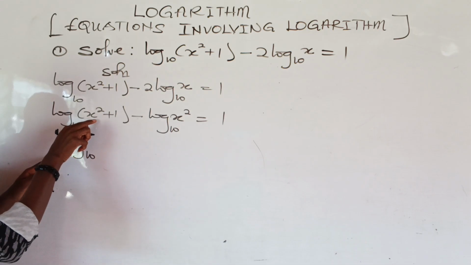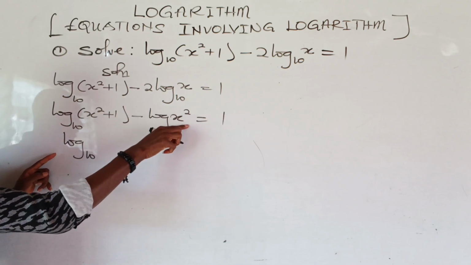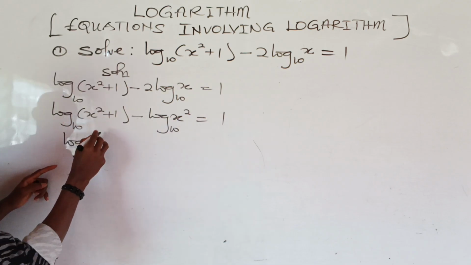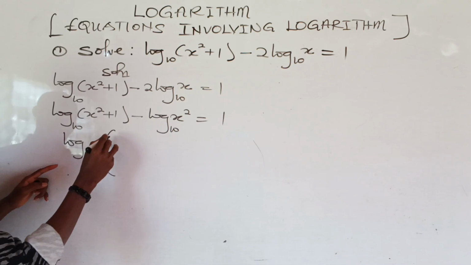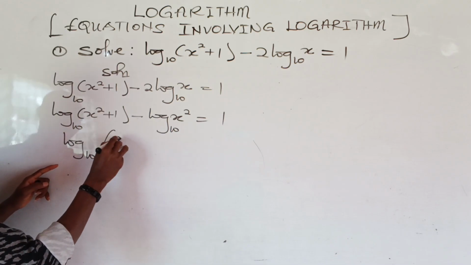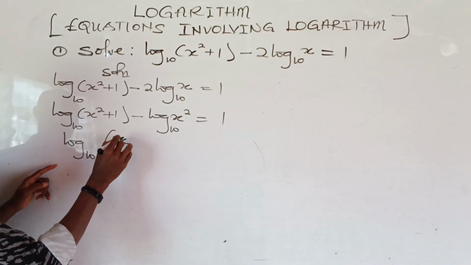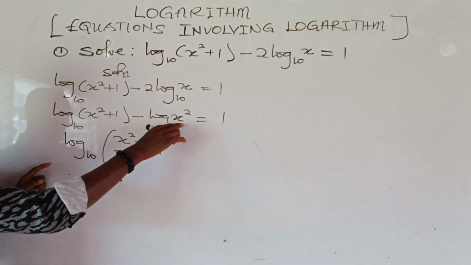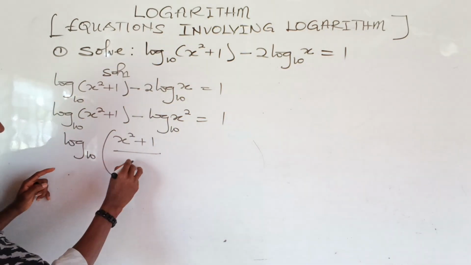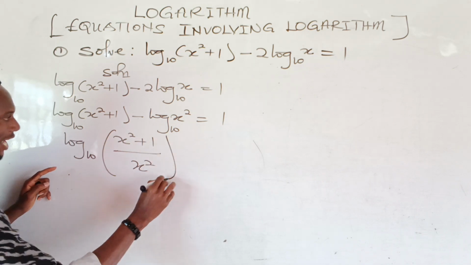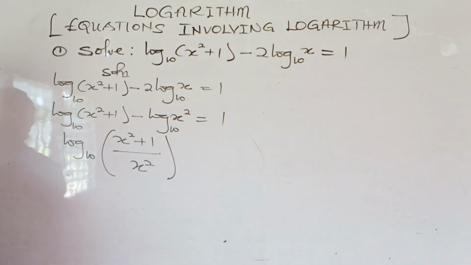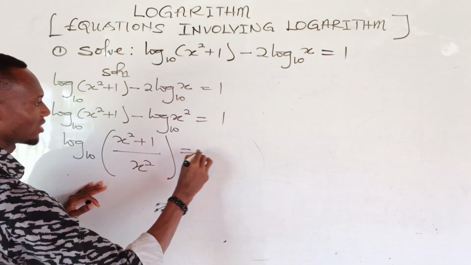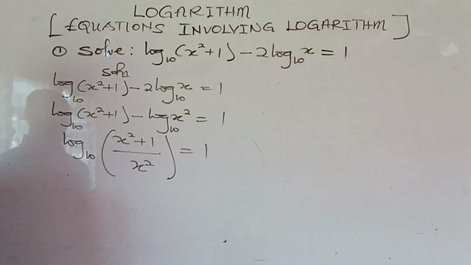Then I will divide this and this. So in a bracket, the first value becomes the numerator, s squared plus 1, over the second value, which is s squared. I hope you understand and agree with me up to this point. Then bring your equal sign and bring your 1, which is here.